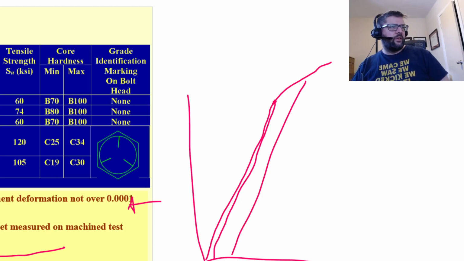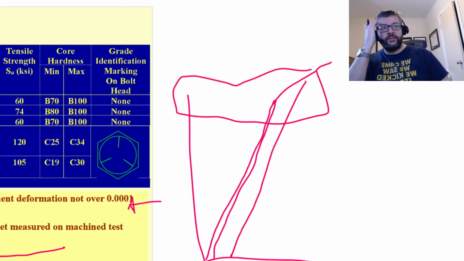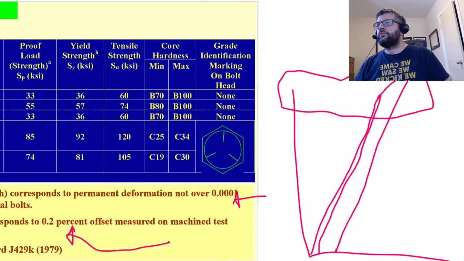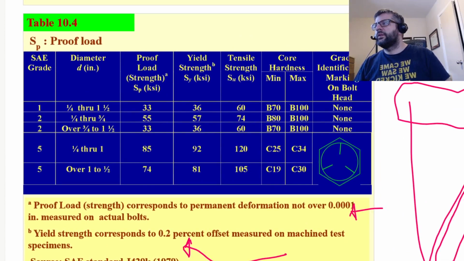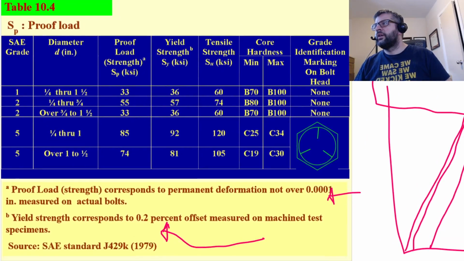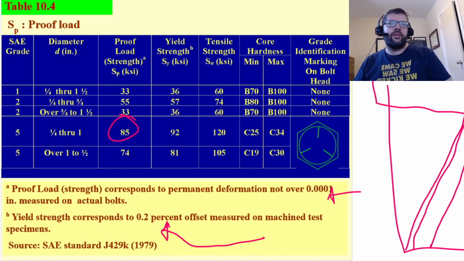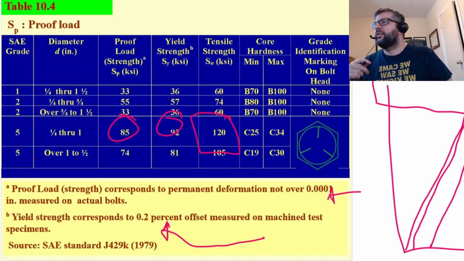So it could still be fairly close in terms of strength levels. For example here, for a grade 5 bolt, for 1/4 inch through 1 inch, proof load we're looking at 85 KSI, yield strength 92 KSI. So again, same ballpark, and of course that's still a fair bit off before you expect failure.